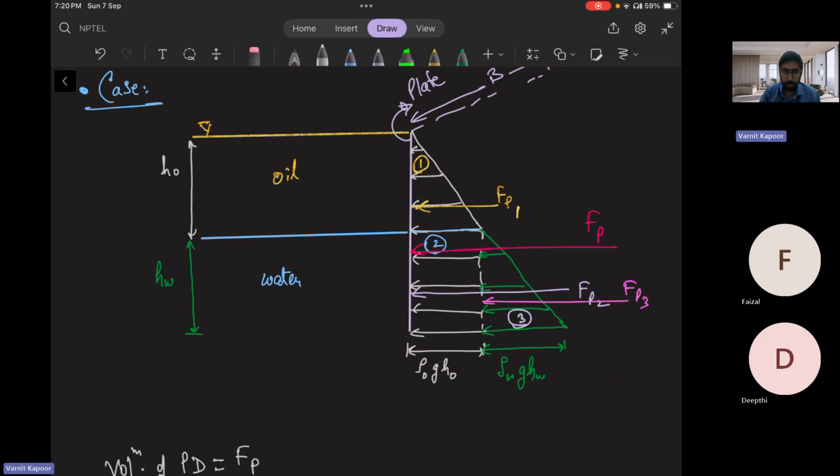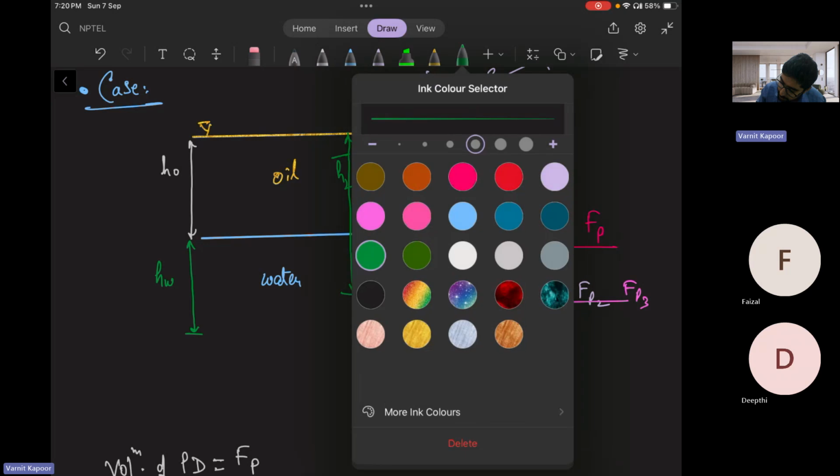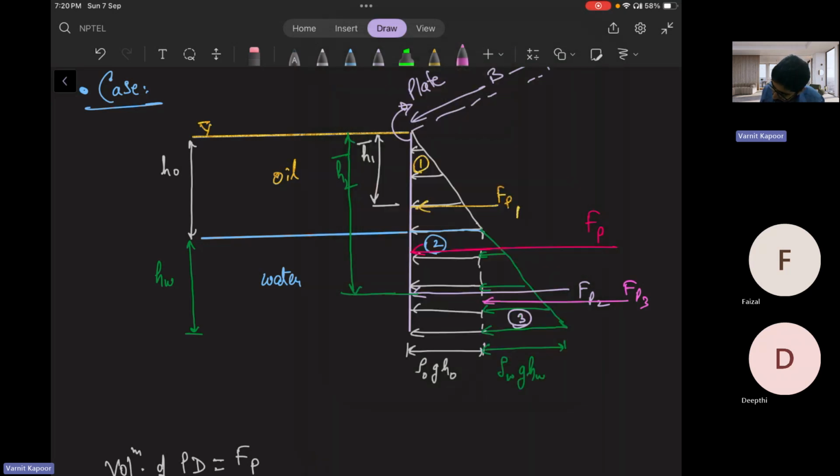Okay. So every FP is having a center of pressure. So let us say this is H1 bar. Let us say this was H2 bar. And let us say this is S3 bar.